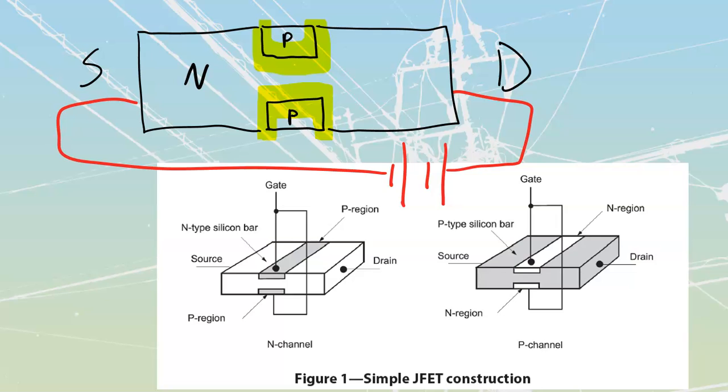So those areas basically become a no-fly zone for my electrons traveling through here. If we have a no-fly zone for those electrons, we're not going to get anything happening through there. So we basically have narrowed down our available area to travel through as this narrow little channel over here.